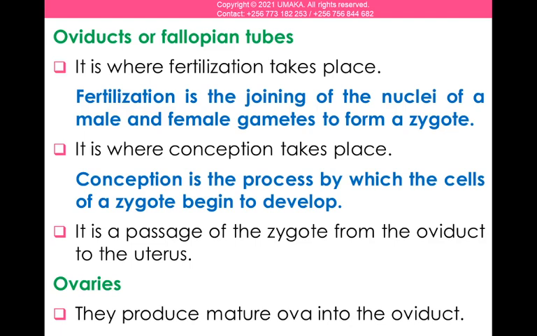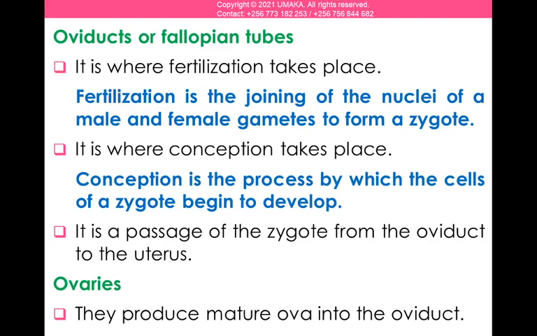Since they produce ova and ova are gametes, so ovaries are gonads. You remember we talked about gonads, even Teacher Wens talked about it. A gonad produces a gamete. Okay? So the female gonads in animals, those are the ovaries.